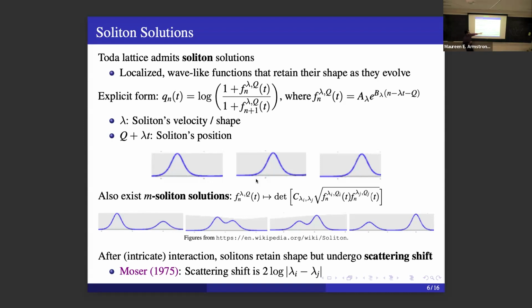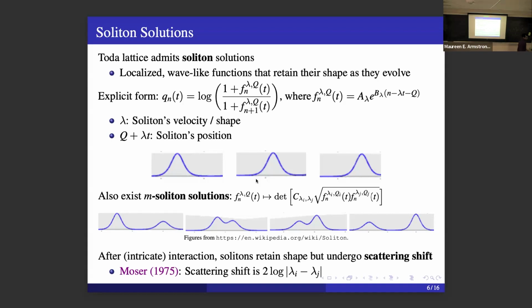There will be some non-trivial way in which they transmogrify, with some bizarre, messy, intricate interaction with each other. But after that, they will separate again into something that looks like this. And the original shapes of these solitons, the original speeds, the lambdas, their widths and their heights will be the same as before.